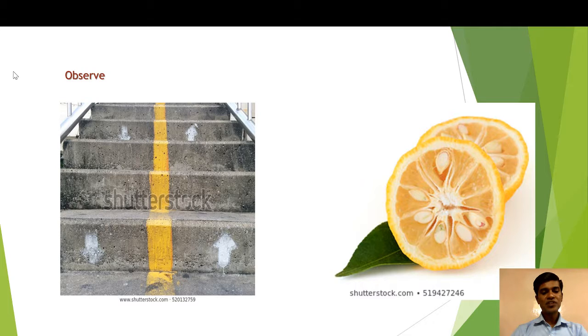Observe some more pictures. We can see the same is done here with these objects also. A stair is divided into two equal parts by a yellow colored strip, and a fruit is also cut into two equal halves or equal parts.